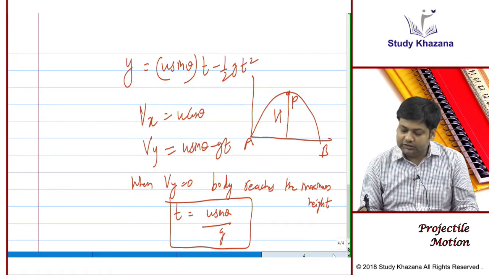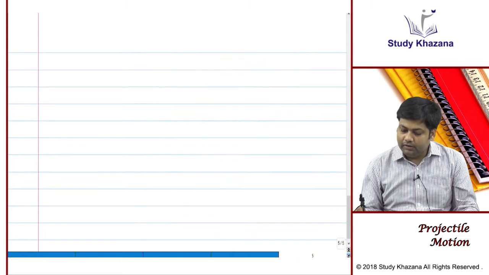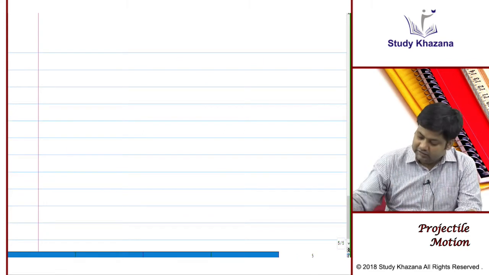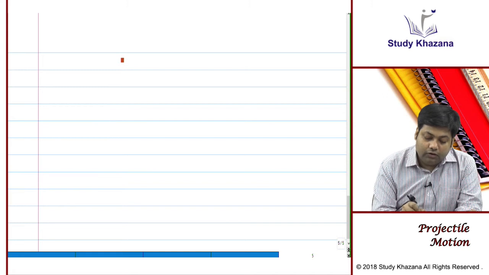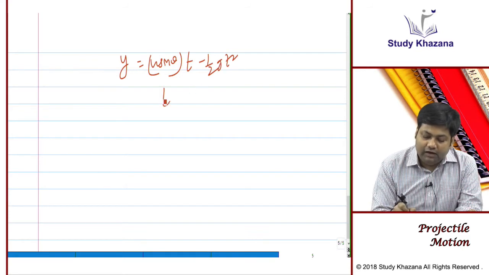So if you see this, then probably you can see that the next point of focus will be, just using this value y equal to u sin theta into t minus half gt square, and now we have the value of t equal to u sin theta by g.